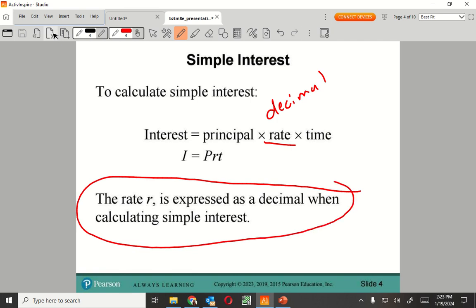I've been teaching this class long enough that every time I come around, I'm like, hey, did you read that? No. Okay, so in the notes, I'm making you write this down. My interest rate, my percent, has to be written as a decimal, times time. Is that easy? Good.